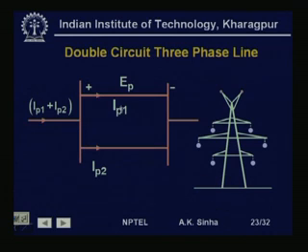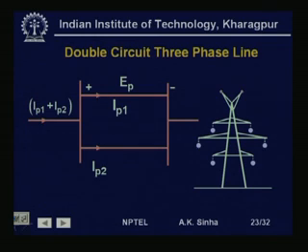Now, the current flowing in one circuit is I_p1, the current flowing in the other circuit is I_p2, where I_p is basically a 3 element vector which consists of I_A, I_B and I_C. So, we have I_A1, I_B1, I_C1 of circuit 1 and I_A2, I_B2, I_C2 for circuit 2.